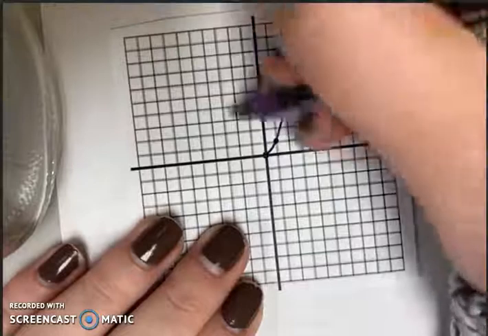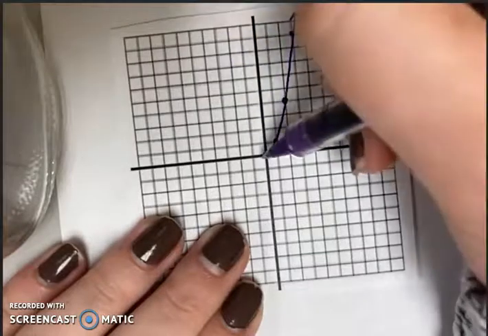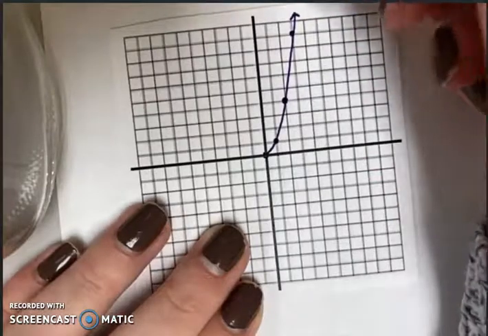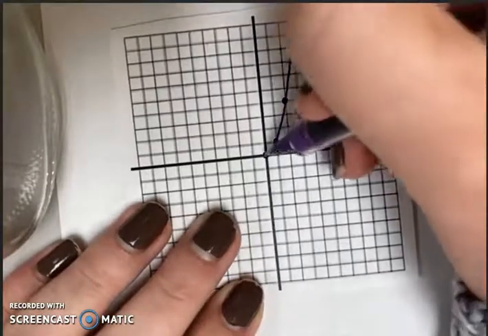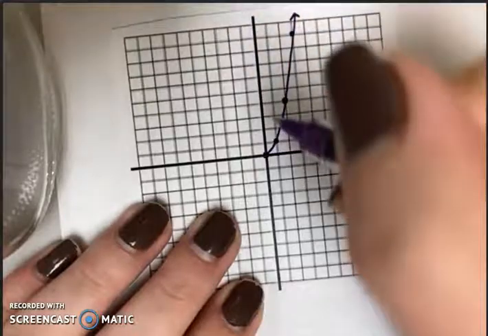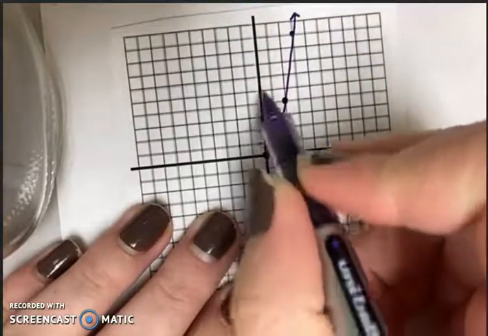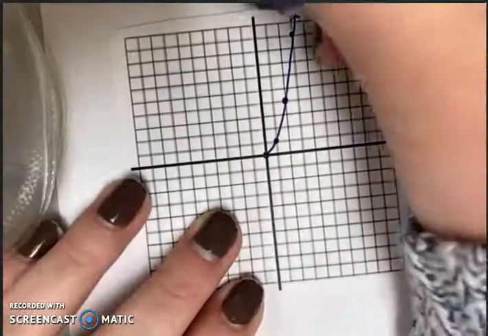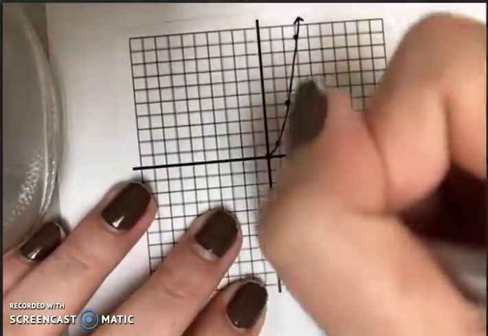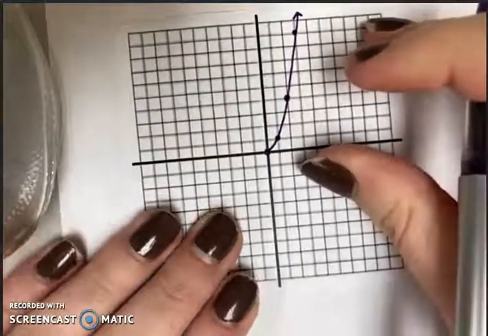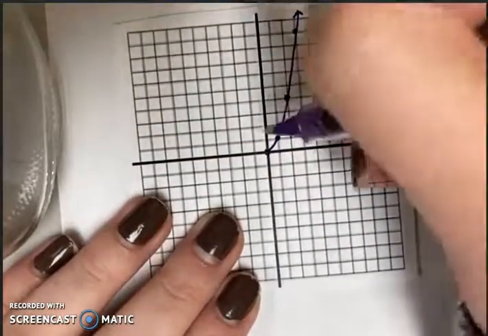And that U shape creates symmetrical points. So if this is the right side of my parabola, the left-hand side will have points that are equidistant to my axis of symmetry. So in my parent function, the y-axis is something we call our axis of symmetry.